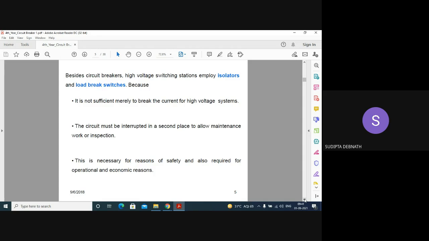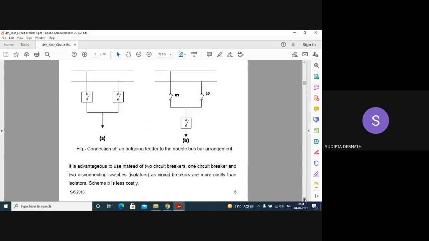And also that visually it should be clear that the circuit is in off condition. Okay, it is under no load condition, then only maintenance work can be done. So see, this is the circuit breaker, this is the isolator.